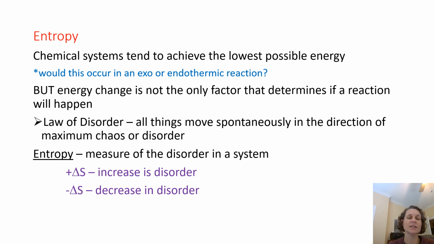Delta S is the representation for entropy, and it is also important as far as the signs, just like the delta H is. Positive, you're increasing disorder; negative, you're decreasing.